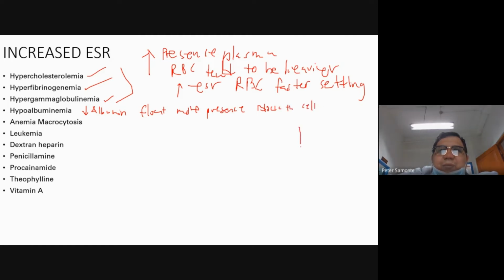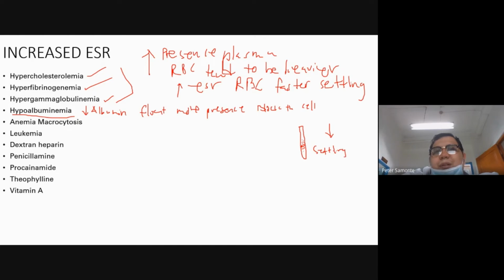Now imagine this would be your Westergren tube. Ngayon, gusto na ng mga RBCs mo bumaba, mag-settle. Pero since maraming albumin doon, hindi siya kagad makapag-settle. But in the case of hypoalbuminemia, or in the word hypo, meaning decrease, onte lang yung albumin nyo, wala na yung harang or wala na yung blockage. And that would lead to your red blood cells settling faster.